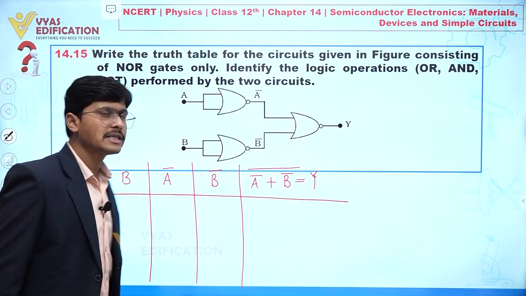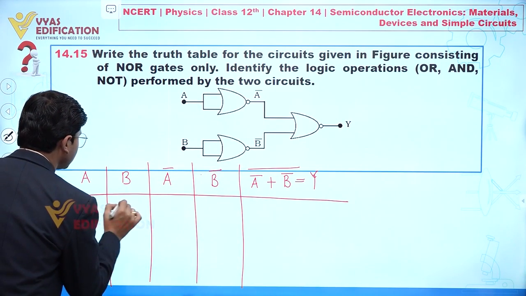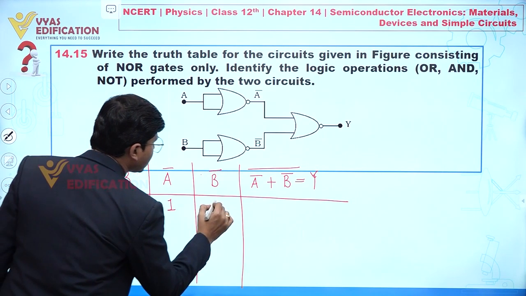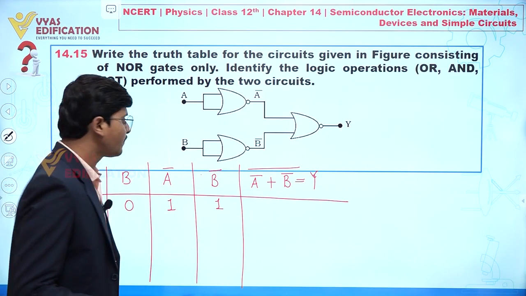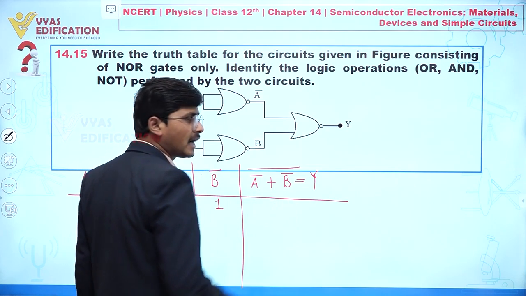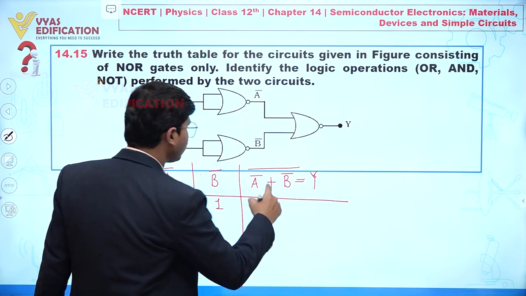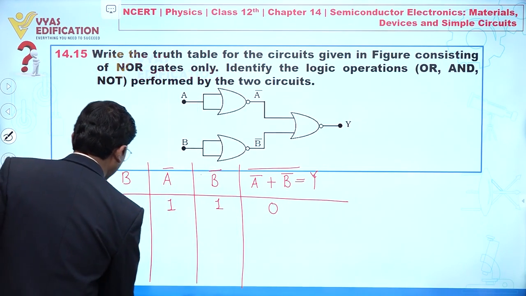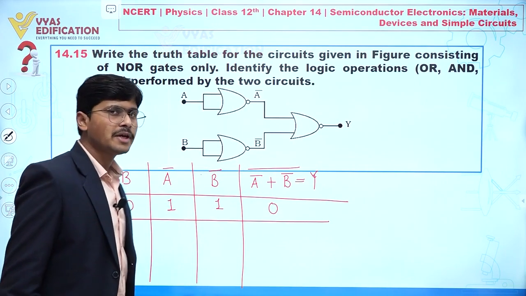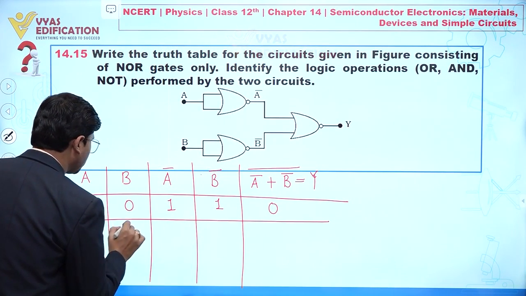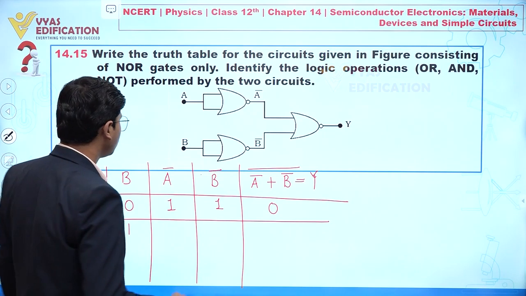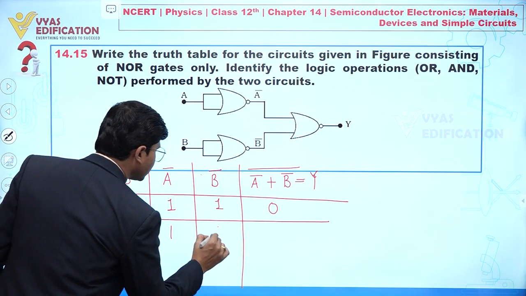Now from here we can write like this. Let's suppose we have 0 and 0. So definitely this is 1 and 1 because this is NOT. Now 1 or 1 is 1, and this is NOT, so this is 0. Now let's suppose this is 0 and this is 1. So this is 1 and this one is 0.